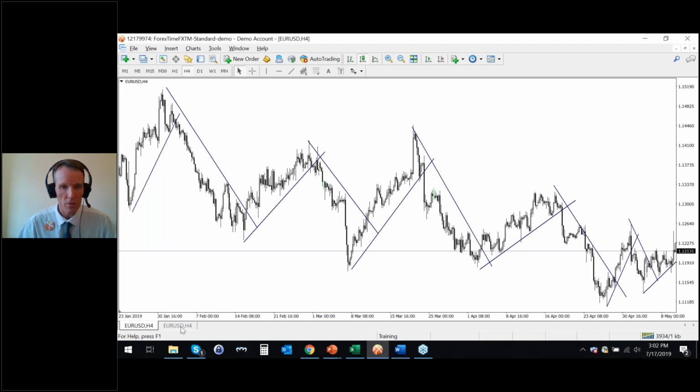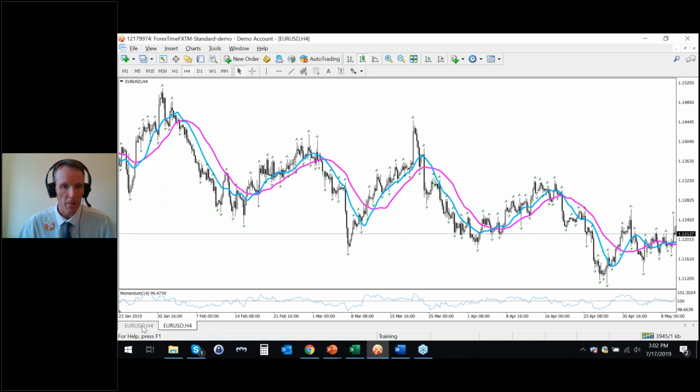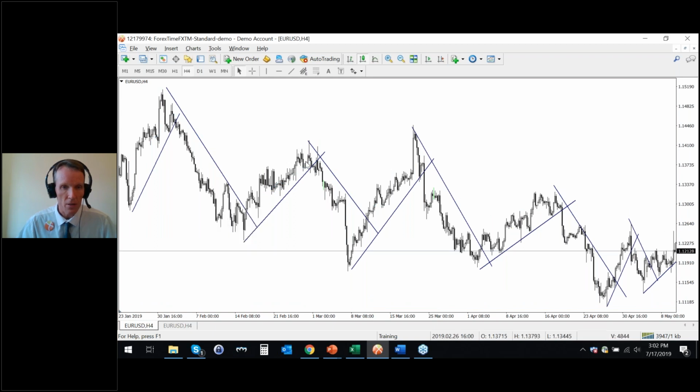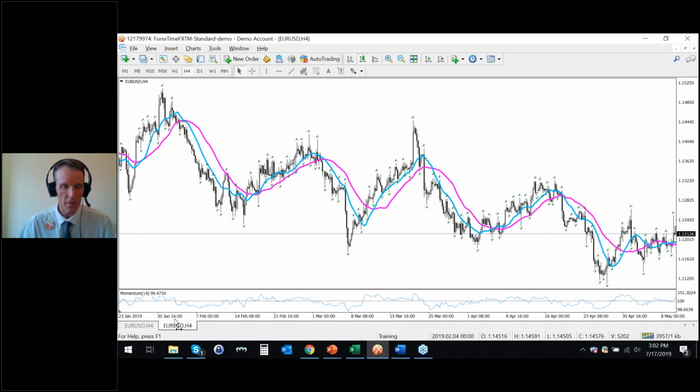Just to overlay that for you, I've got a clean chart with our trend lines showing us the structure or the trends, and this is the overlay of our method. This is the moving average spring strategy, and you can see there are the areas we're looking for. There are the sweet spots. It's the early stages of the next trend.